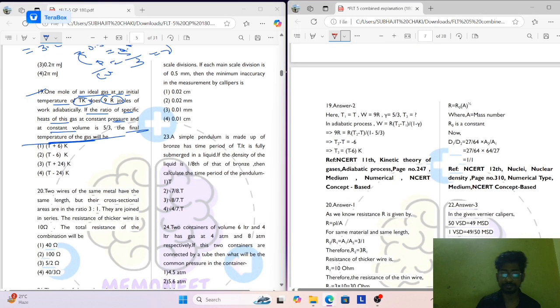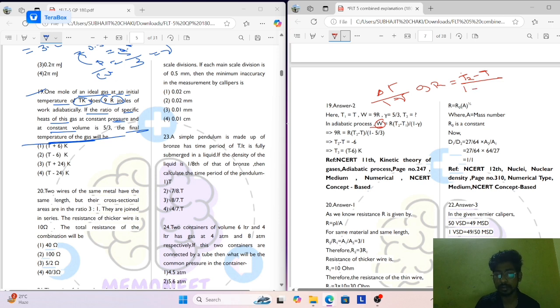Okay, in an adiabatic process, the work done is equal to R into (T2 minus T1), that is R del T by 1 minus gamma. This is the work done. The work done is already given as 9R joules. So 9R will be equal to R into (T2 minus T1) by 1 minus gamma. T2 we don't know, T1 we know is T, and 1 minus gamma means minus 2 by 3.